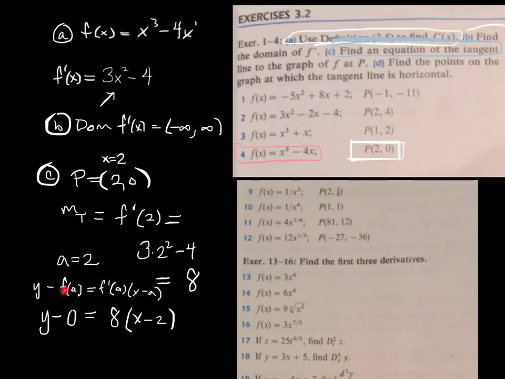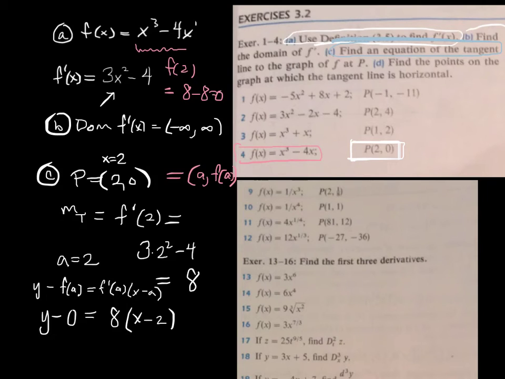This is my y-coordinate, f of a. My slope is f prime of a. And my x-coordinate is a. In other words, this point 2, 0 is the point a, f of a. If I plug 2 into my original function, f of 2 equals 8 minus 8, which is 0.